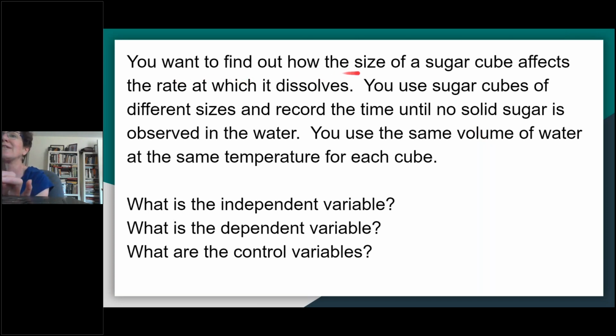You want to find out how the size of a sugar cube affects the rate at which it dissolves. Here's the clue: you're looking for how something affects something else.